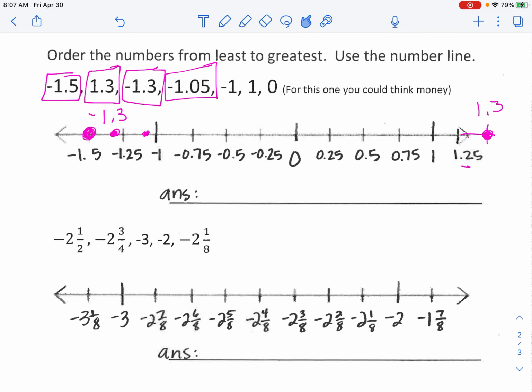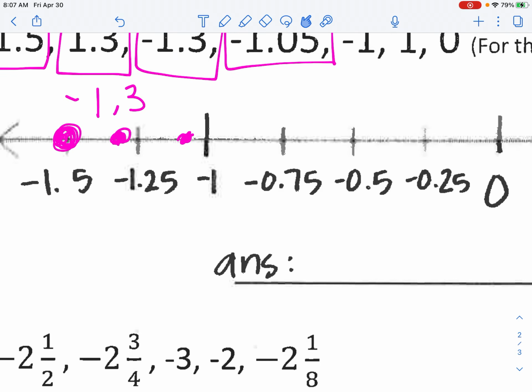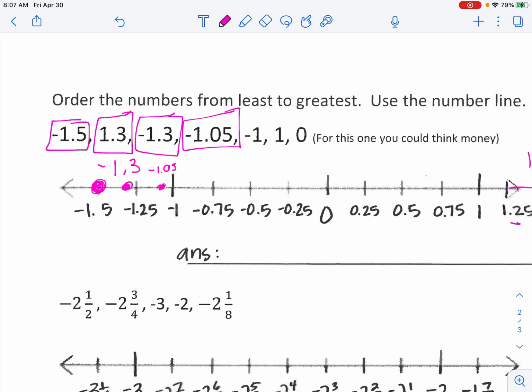If the number was not already on the number line, you need to add it in, so I'm going to write my negative 1 5/100. And negative 1 is here. 1 is down here. And 0 is in the middle.